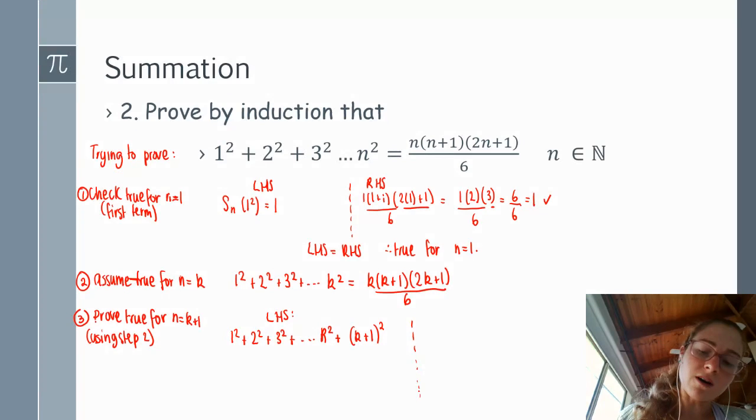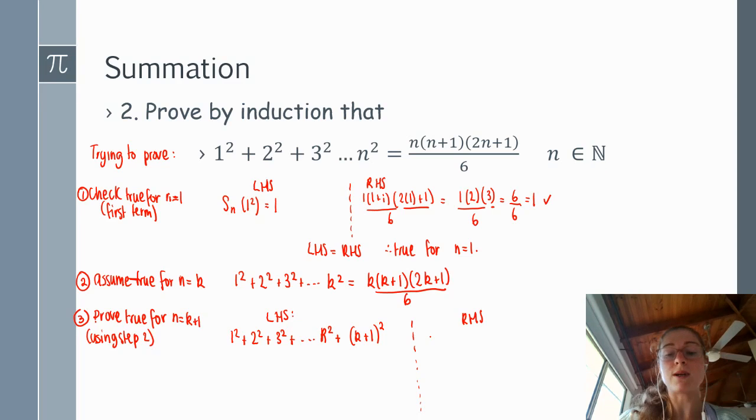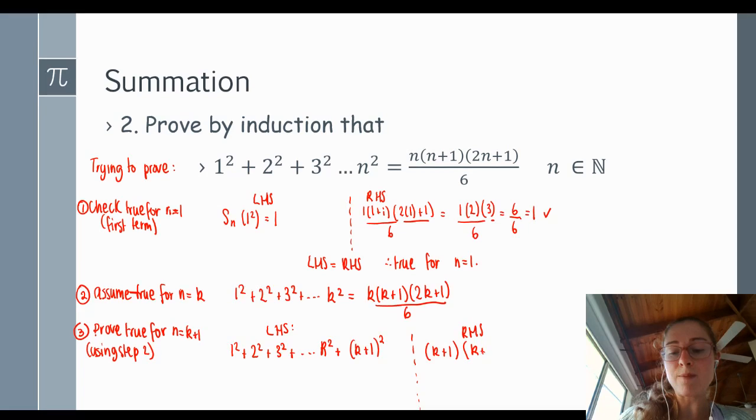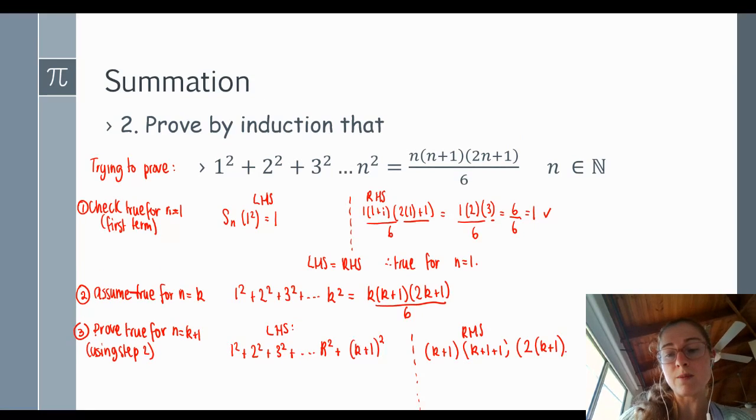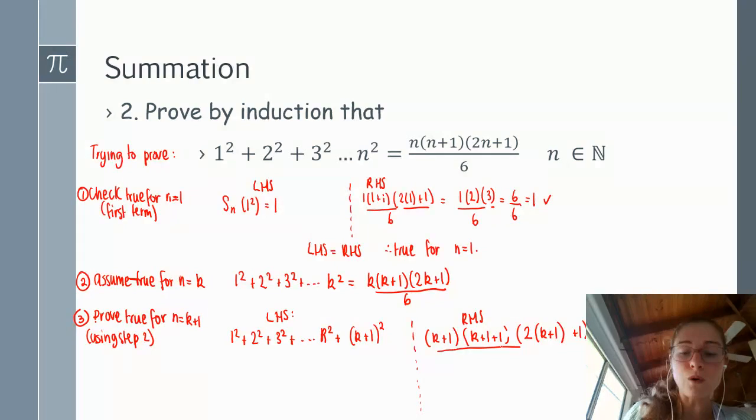On the right-hand side, what will we have? Every time we put an n, we're going to put a k plus 1 instead. Just be careful of the brackets. n plus 1 will become k plus 1 plus 1. Then we'd have a 2, remember n is k plus 1, so keep that in the brackets, plus a 1 all over 6.